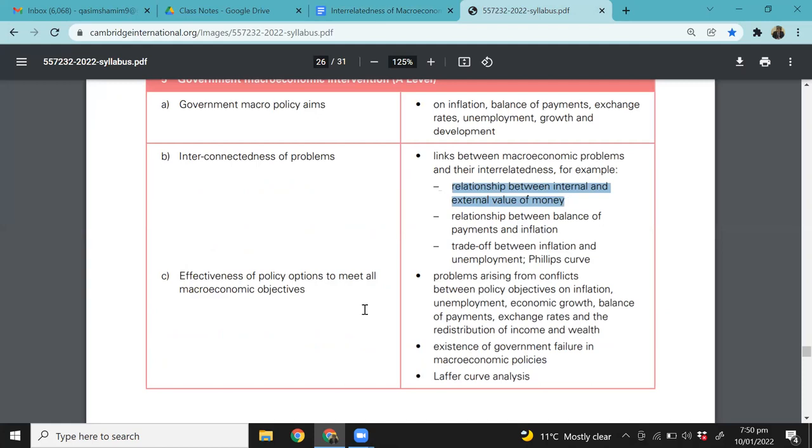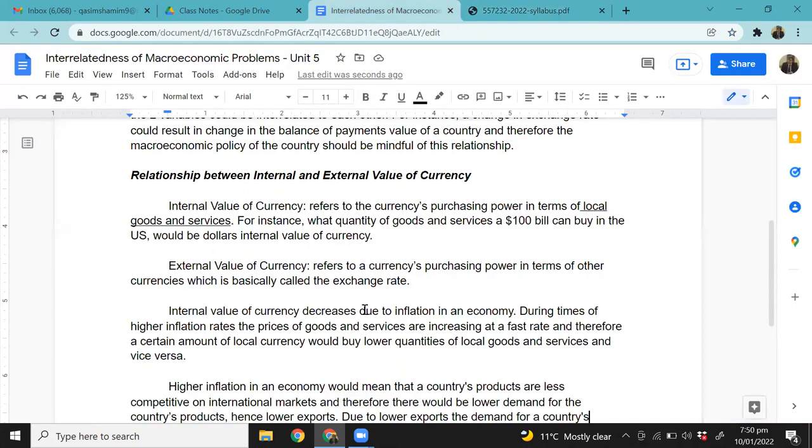Now, the internal value of money or currency is basically its purchasing power in terms of local goods and services, within the country. So how much quantity of goods and services can a certain amount of local currency buy? That is its internal value of currency.